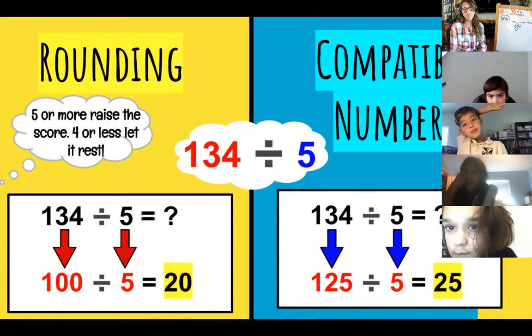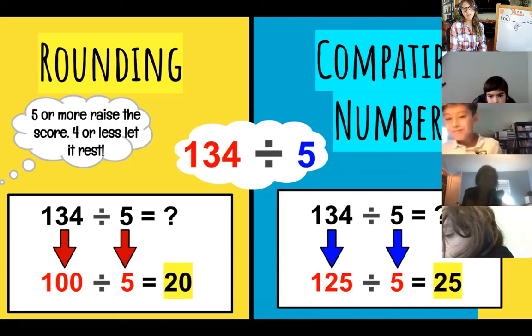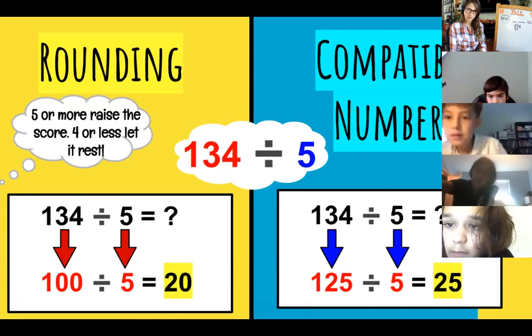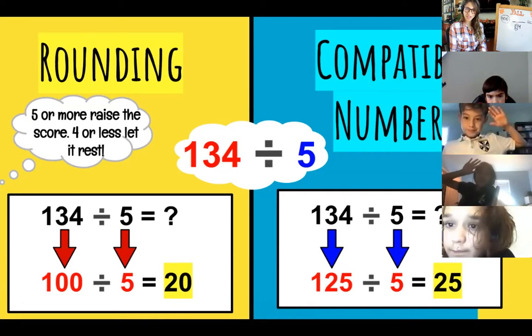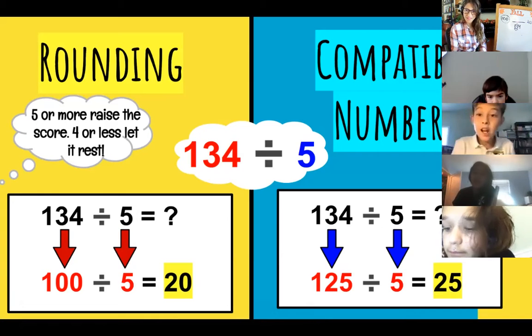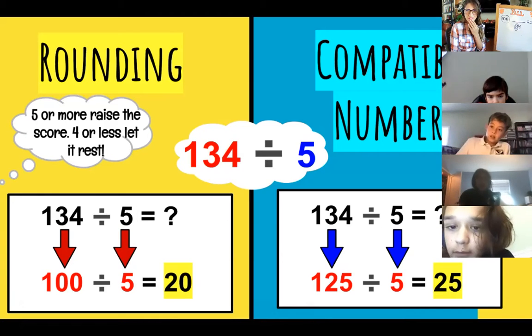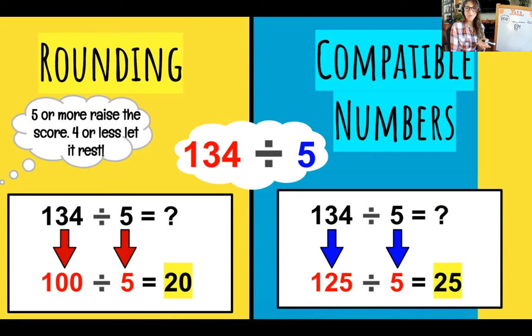No, compatible numbers. Why does compatible numbers give me a better estimate? Because it's rounded by... Ashley? Because it's closer numbers. To my original, yeah. Right? Look at my dividend.